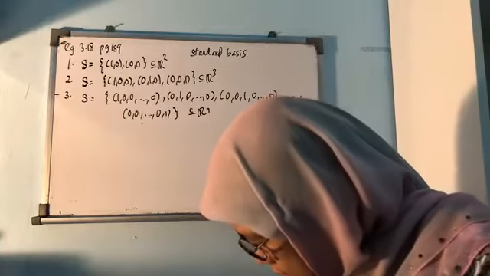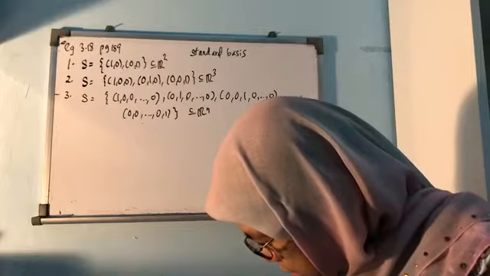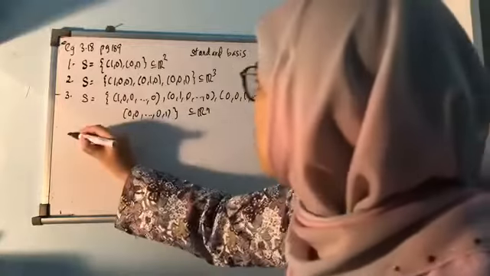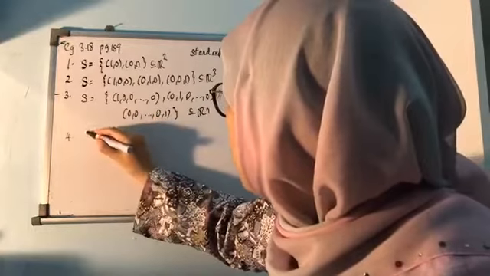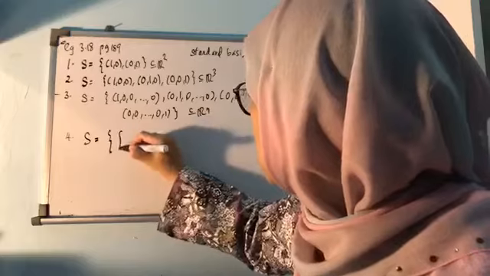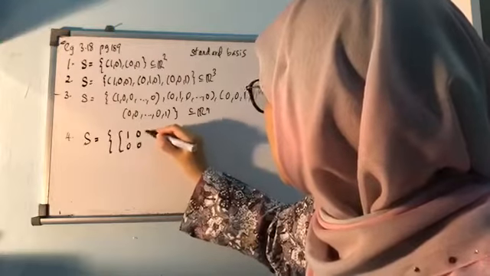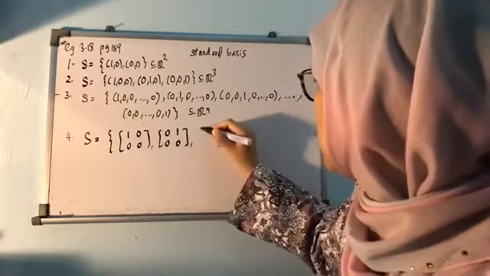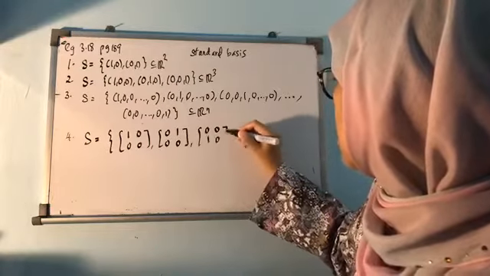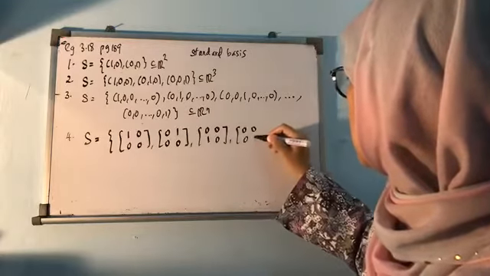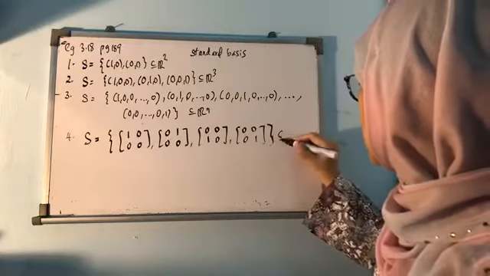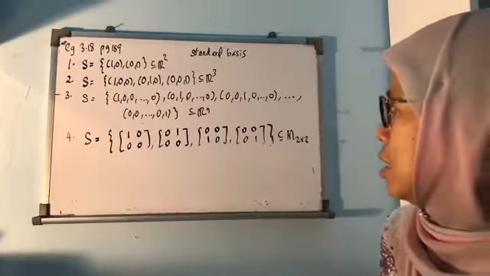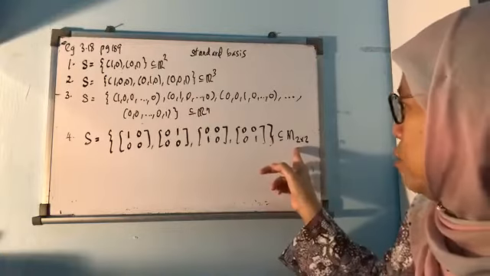The next one is the matrices. Now for 2 by 2 matrices, it's the same thing, but you have 4. So this is also a standard basis for 2 by 2 matrices.